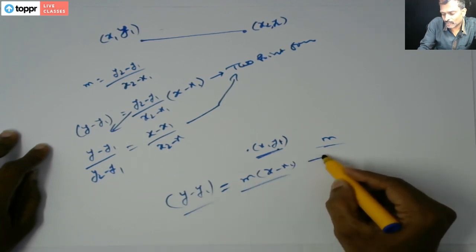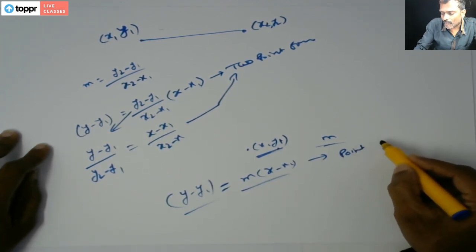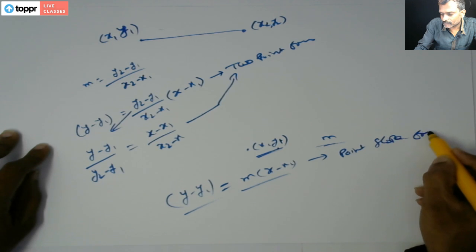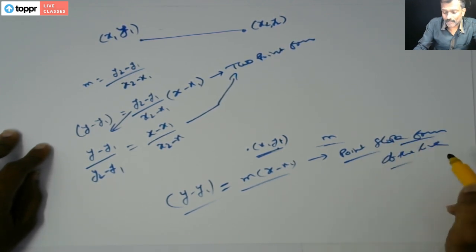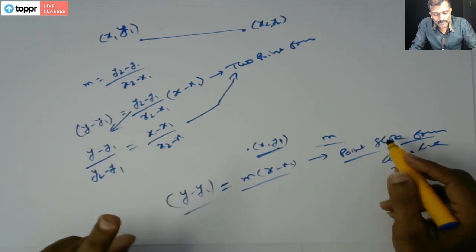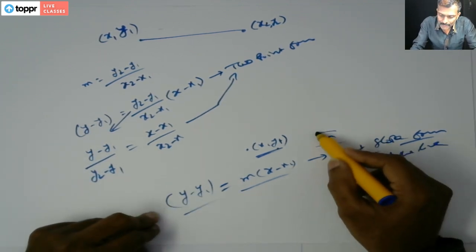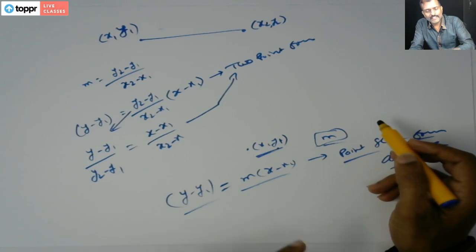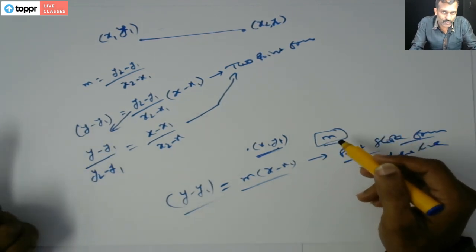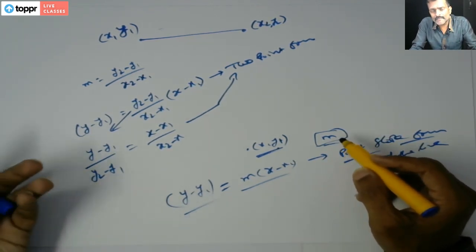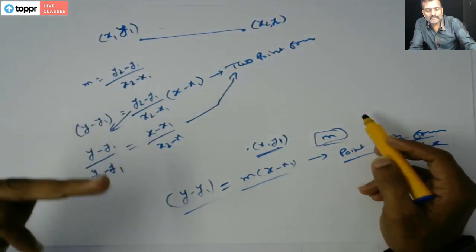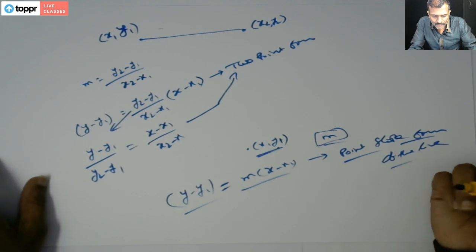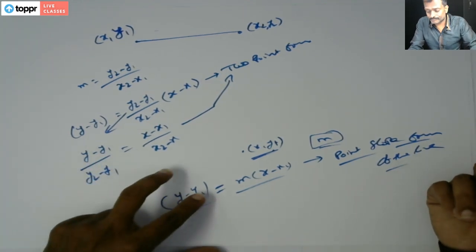This is called the point slope form of the straight line, where x1 y1 is the point and m is the given slope. So when slope is given, you don't need 2 points, only 1 point. And when the slope is not given, he will give you 2 points from which you can find the slope and then the equation of the straight line.